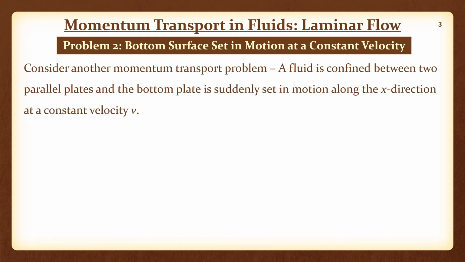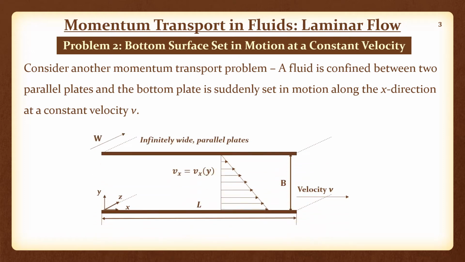So here is a problem. A fluid is confined between two parallel plates and the bottom plate is suddenly set in motion along the x direction at a constant velocity v. Now this can be depicted by this schematic. You see two plates. The top plate is infinitely wide.